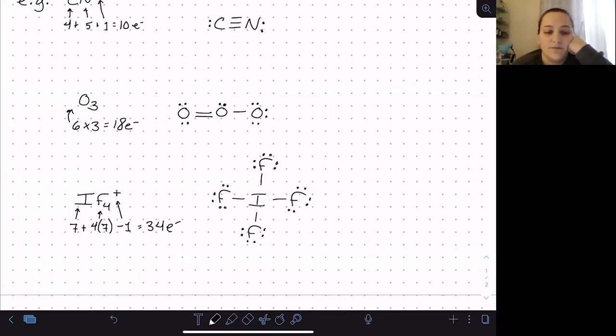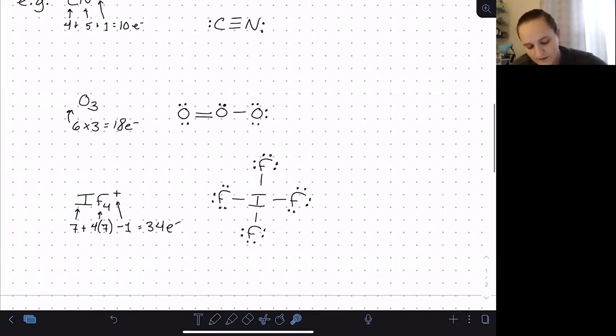And at this point, we have placed 32 electrons in our structure. We have 8 in these 4 single bonds, and then we have 6 in the form of lone pairs on each of our fluorines. So that means we have 2 electrons left to place.